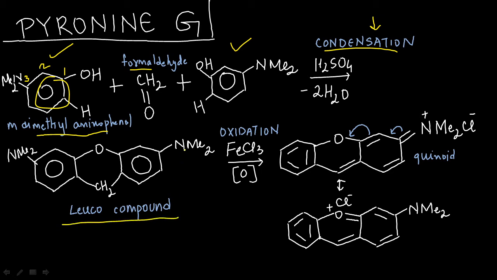We have 2 benzene rings and the middle ring is a pyran ring. This is what we get. Now this leuco compound will undergo oxidation in presence of FeCl3, ferric chloride.